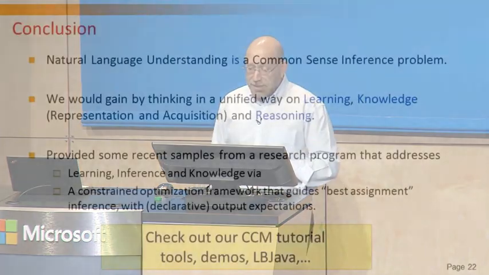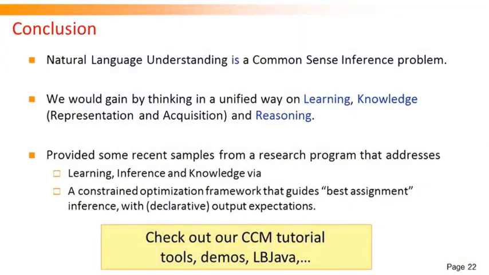And as an example, I gave a few recent samples from a research program that addresses these 3 aspects: knowledge, reasoning, and learning, via a constraint optimization framework that guides best assignment inference as a way to satisfy output expectations. So a lot more is being done with this framework. You can check out our tutorial, our tools, our programming language, LBJava, and thank you.